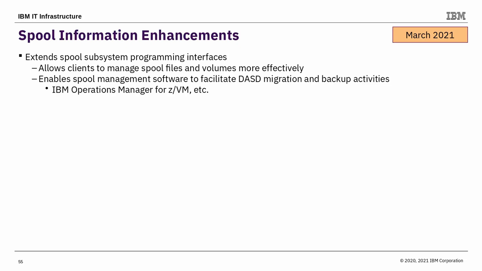There's a *SERVICE. It didn't let you query system data files, so NSSs and things like that, and now it can. And so IBM and ISV products that want to do stuff with spool, for example IBM Operations Manager for zVM, can now use that information to do nicer things.